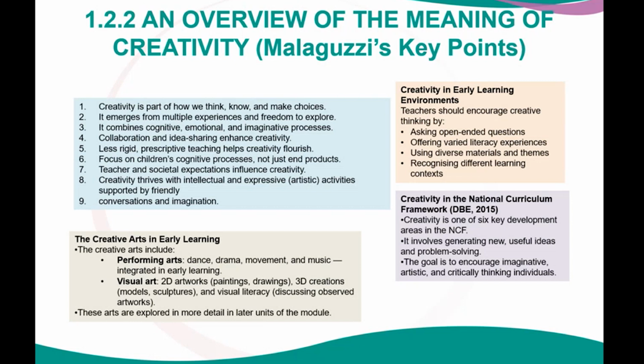It emerges from multiple experiences and freedom to explore. It also goes beyond the known, and there is access to meaningful personal resources. Creativity also expresses itself through cognitive, affective, and imaginative processes, and they come together and support the skill of prediction and arriving at unexpected solutions.